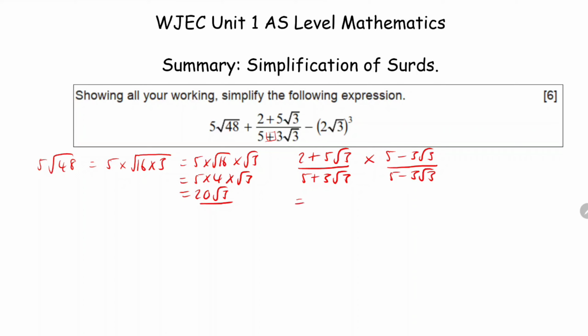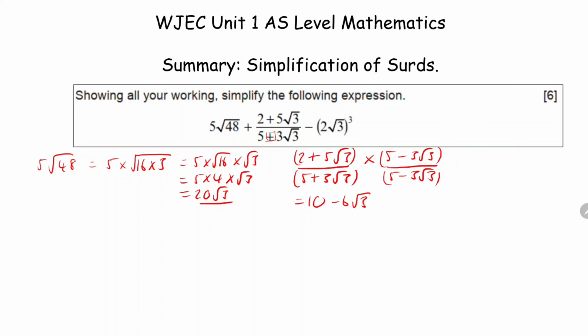Now, when we execute this multiplication, we use double bracket expansion. So you could think of having brackets around both those terms. 2 times 5 is 10. So this is the top being simplified. 2 times minus 3 root 5 is minus 6 root 5.